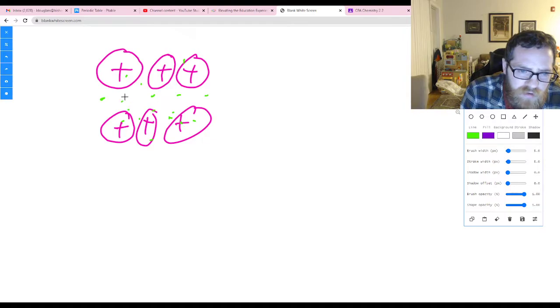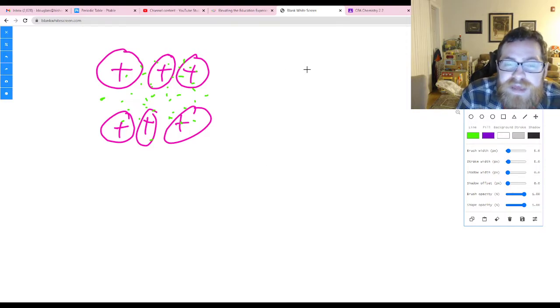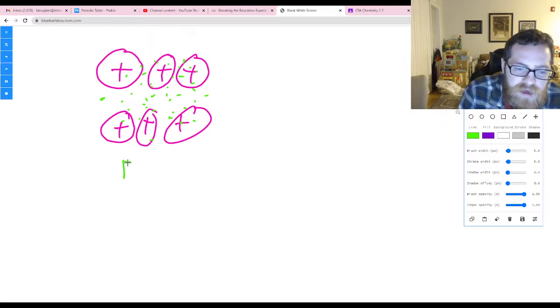What delocalized means is not in one place. And usually what we mean by delocalized electrons is not bound to an atom or ion. In this case, they're not bound to the metal atoms. They are delocalized and they are free moving.